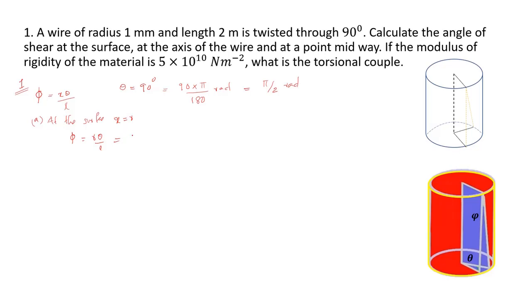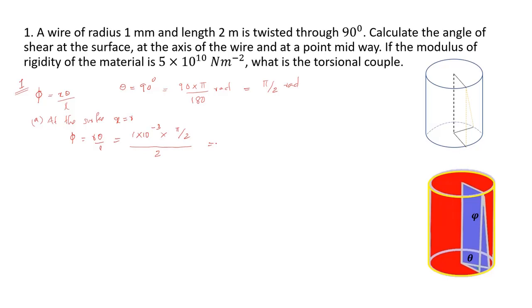We know that radius is given as 1 millimeter, so 1 into 10 to the power negative 3. We have found theta is pi by 2 and the length is given as 2 meter.